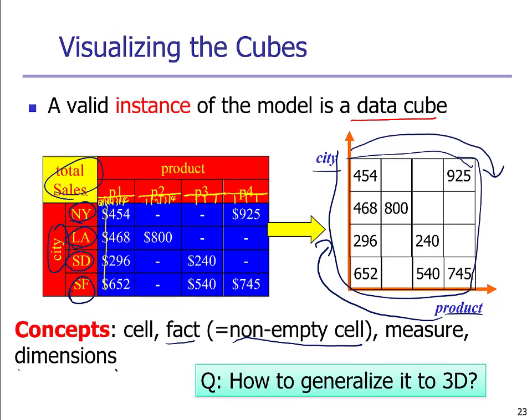All the cells would be divided into 4. So this cell means the total sales of product 1 in the first quarter in New York City, and this is product 1 in New York City in the second quarter. You can still do that, but if you further generalize it into 4 dimensions or even higher, the table will become less and less intuitive, and also more difficult to handle.